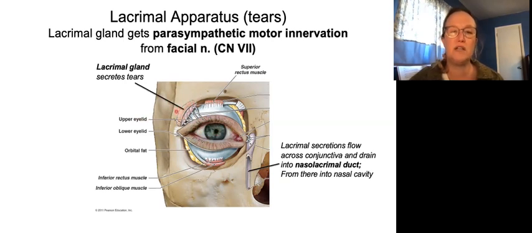So these lacrimal secretions are released under parasympathetic motor stimulation from the facial nerve. So we just talked about the facial nerve providing voluntary motor innervation to the orbicularis oculi muscles. It also provides parasympathetic motor innervation to this gland here, the lacrimal gland, along with salivary glands as well.